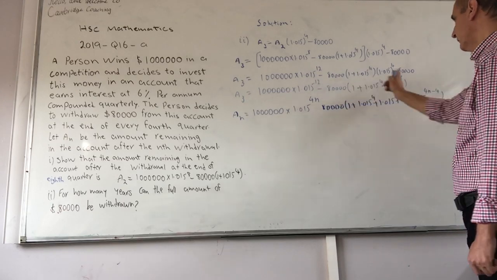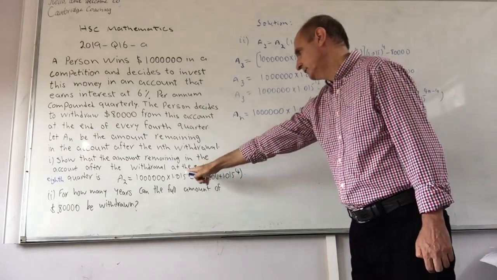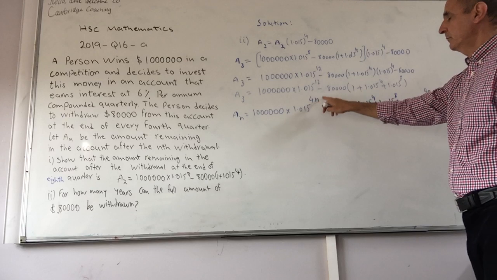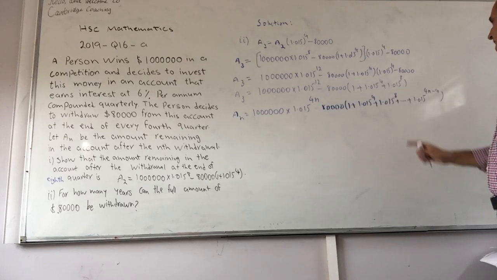We've got 12 here, we've got 8 there, and we've got 8 here, we've got 4 there. So it is 4 less than this power. Okay, so that's where we end.